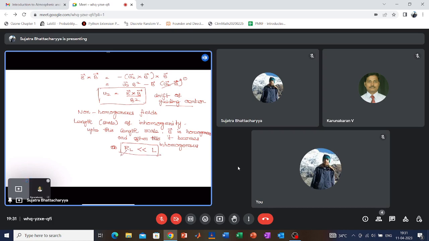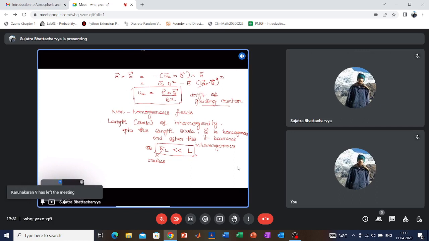So this is the radius of gyration, because we have seen that in case of the uniform magnetic field only, this RL can be defined. Therefore, for an inhomogeneous field whose length scale is L, RL should be very much less than L. So this is your important condition.